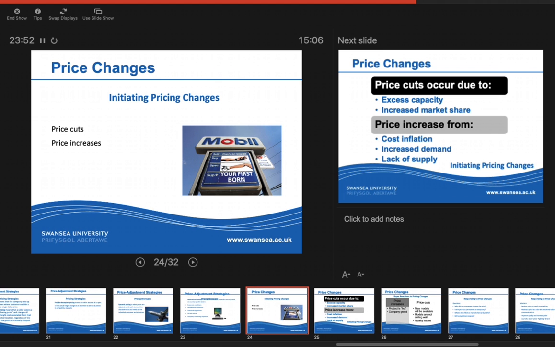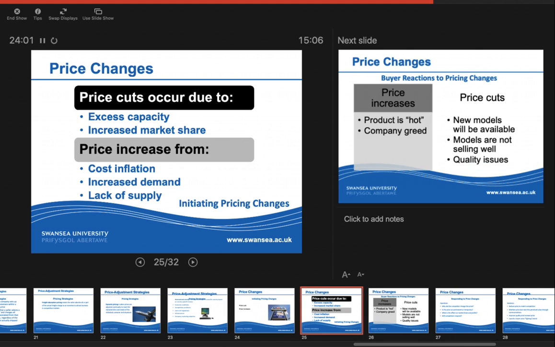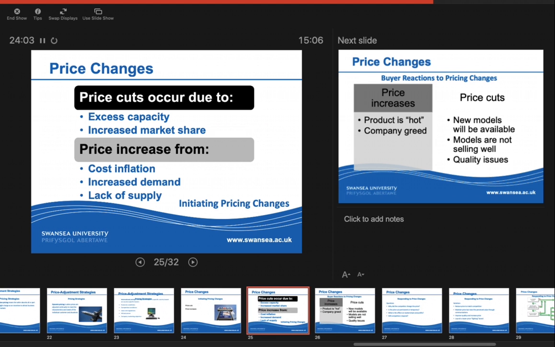So, initiating price changes. There are two main price changes: you're cutting your price or you're increasing your price. It's as simple as that. Sometimes price cuts occur due to excess capacity or increased market share. So if our business is doing particularly well, to maintain growth and to encourage our customers to keep coming back to us, then we may reduce the price.